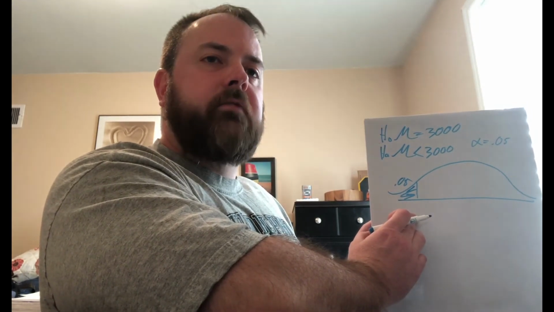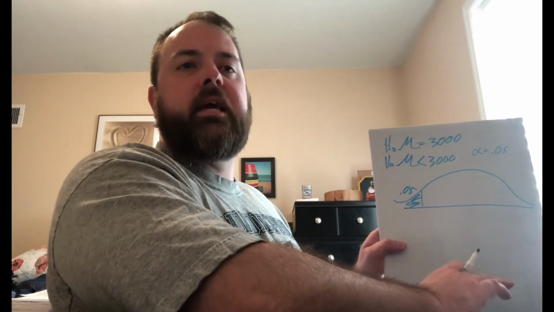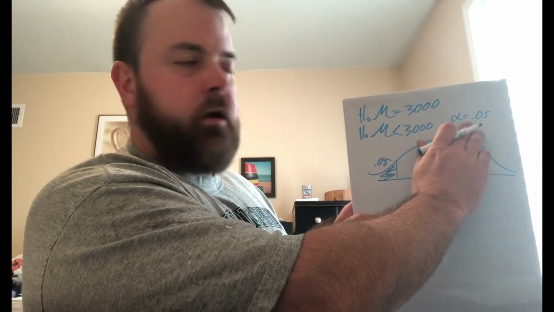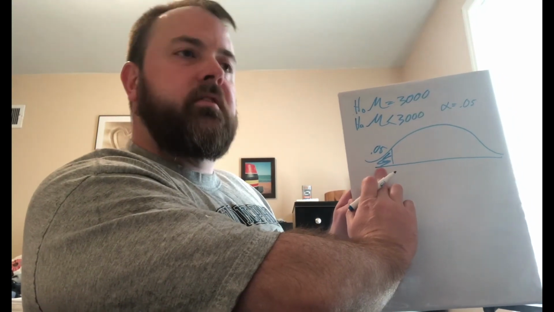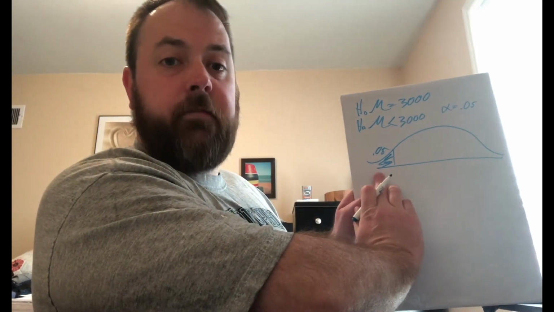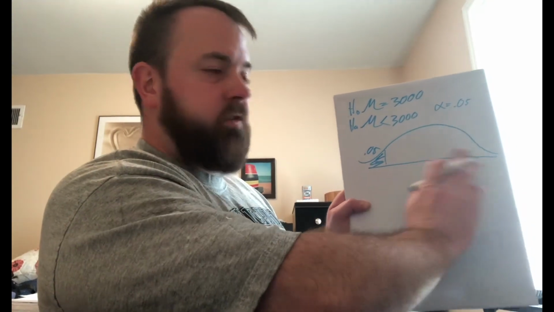So if I ask you to make a confidence interval for this, and I'm not giving you a specific confidence level, if I'm not saying make a 95% confidence level, you have to base it off of the alpha level of 0.05. So the alpha level of 0.05 is in that tail, and that can't change. But since our confidence interval has to be two tails, our tails have to be equal.